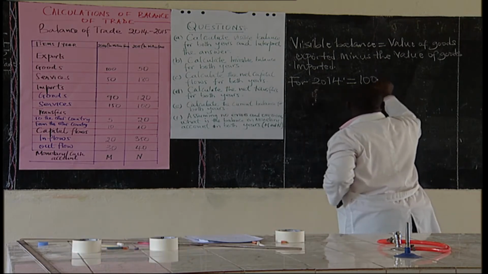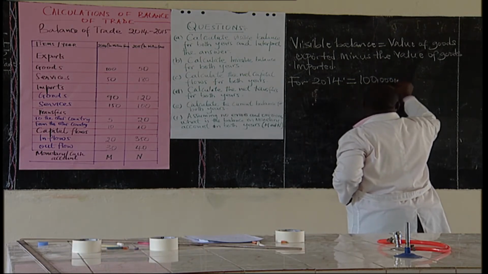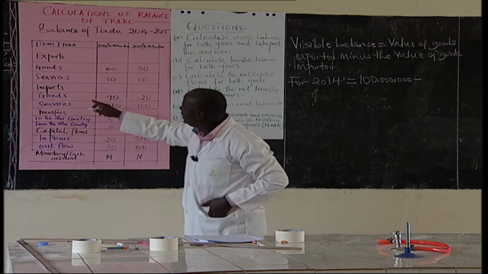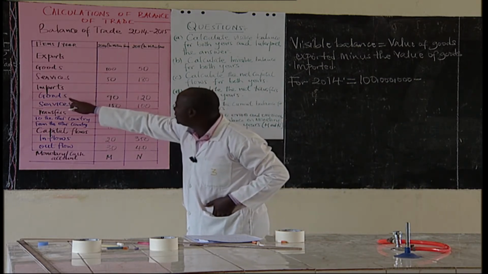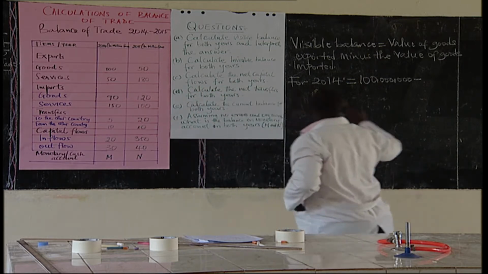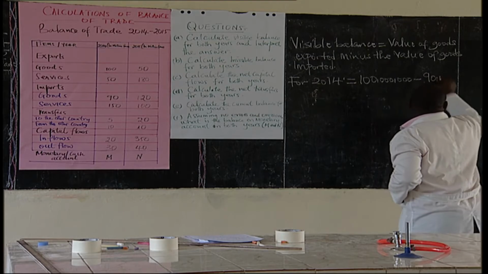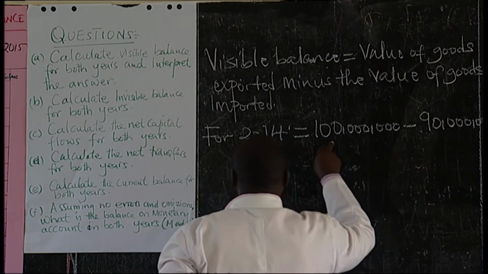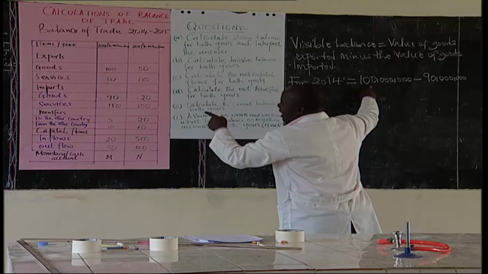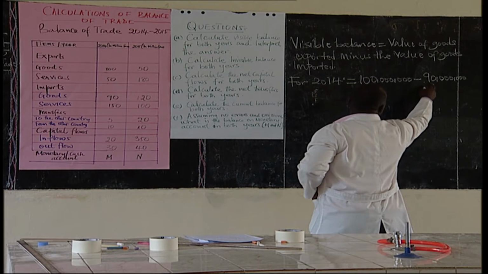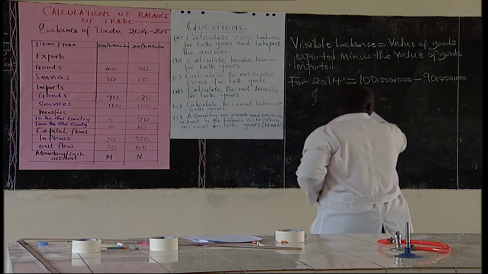That will be 100 million minus goods imported. Goods imported in 2014 is 90 million. If you get 100 million minus 90 million, what do we get?